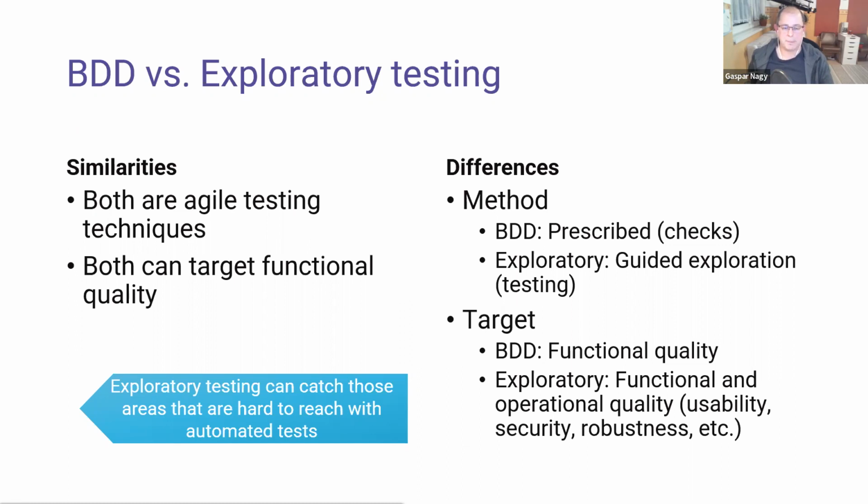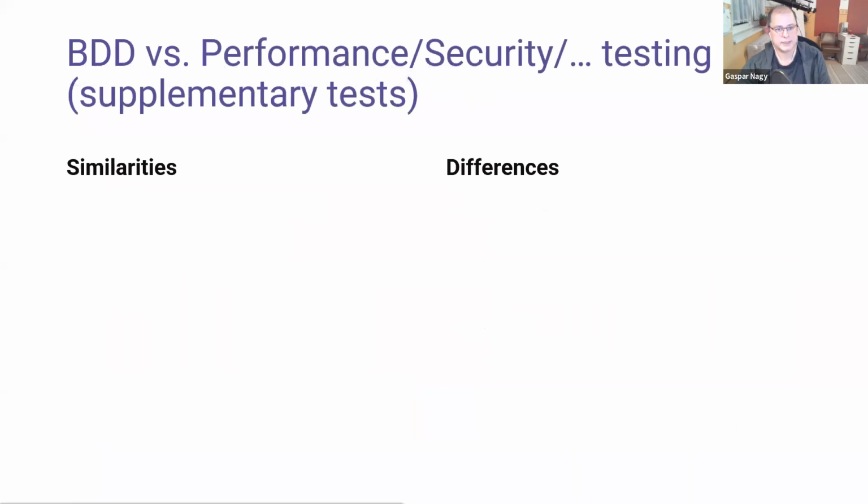So that's a good combination. So we have seen TDD and BDD, a good combination; BDD and exploratory testing, a good combination; BDD and additional functional tests, a good extension to that. And last but not least, obviously there is a lot of other testing, like performance and security, which I was calling supplementary tests.